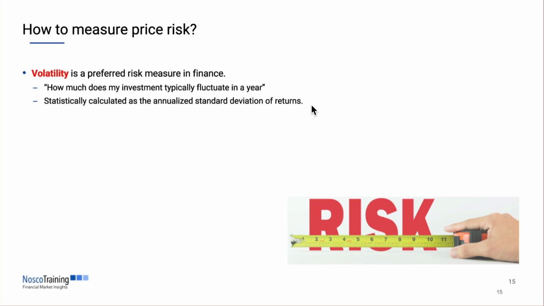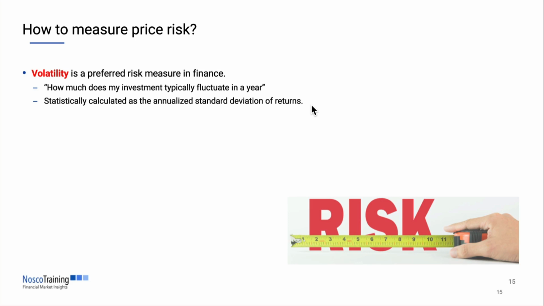It's the first risk measure you usually get introduced to, and it's still a robust risk measure. If you only have one number to spend on risk, it is usually very difficult to grab. But if there is only one number you're allowed to store, then it would be volatility. Volatility is the typical move, right?